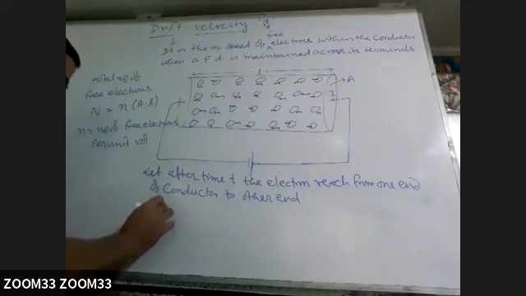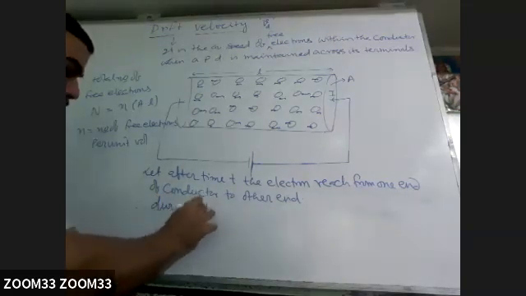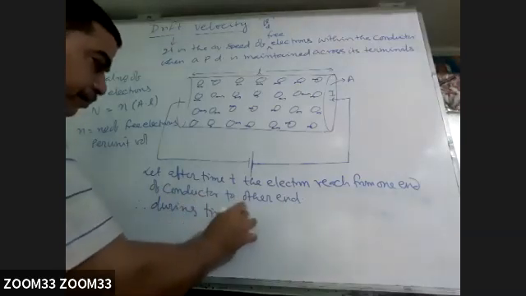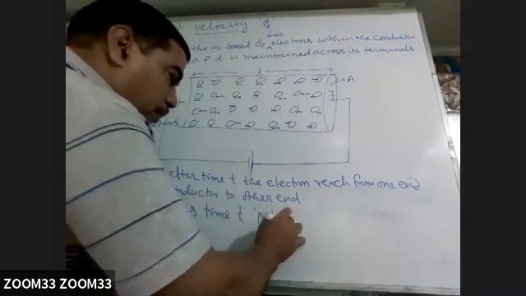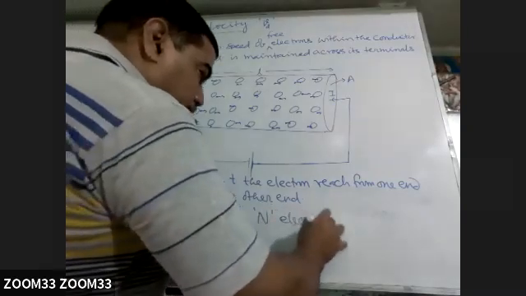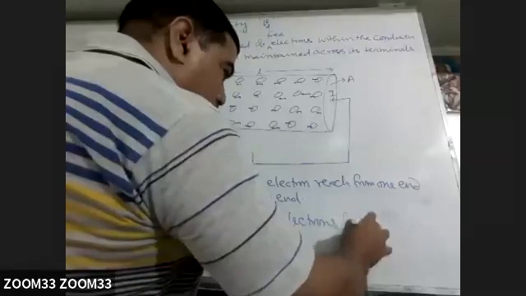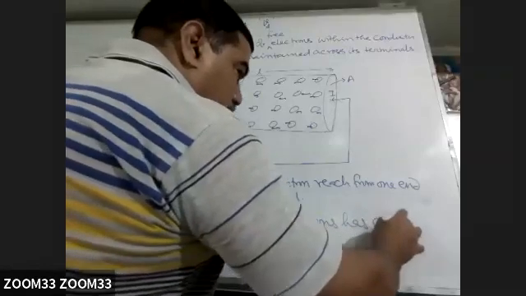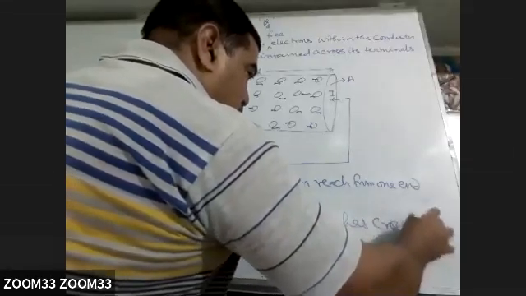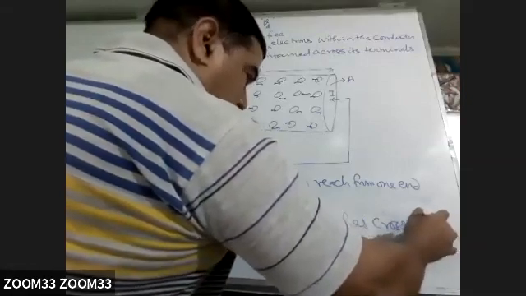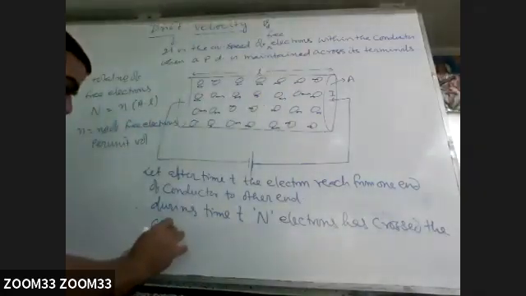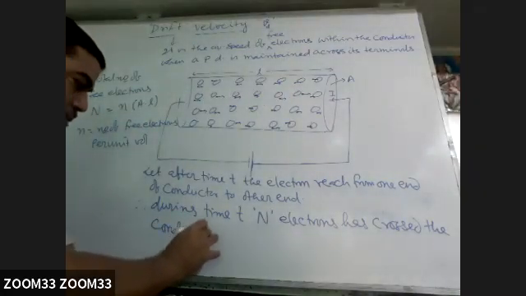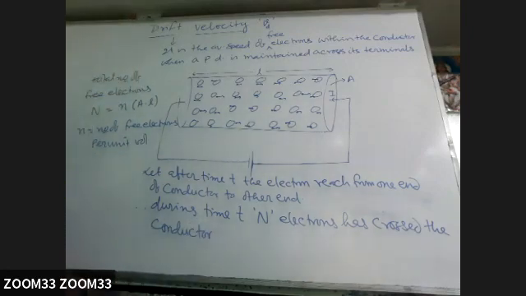So during time T, N electrons, that is the total number of electrons, have crossed the conductor.